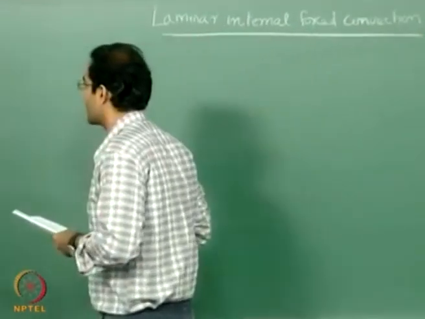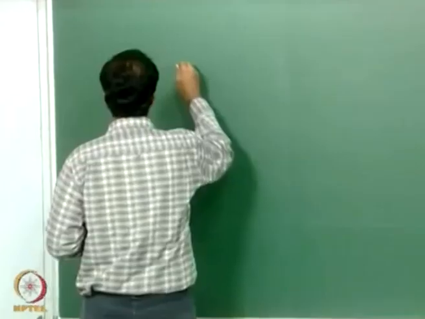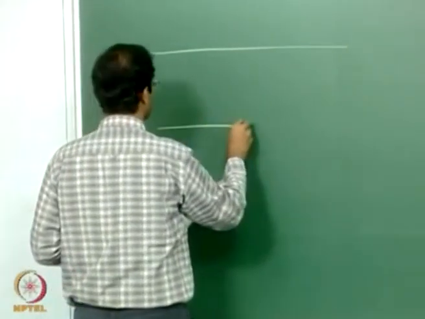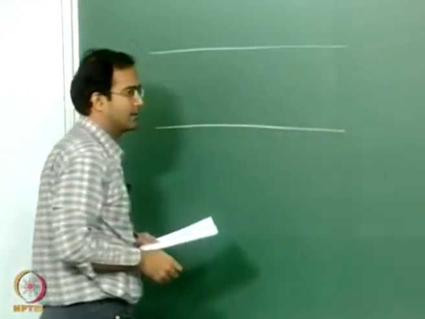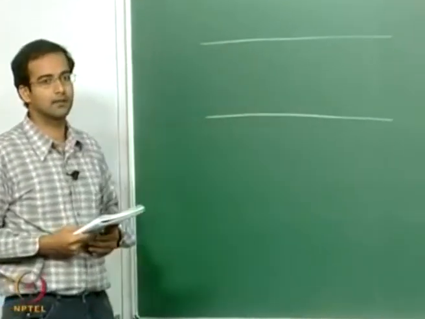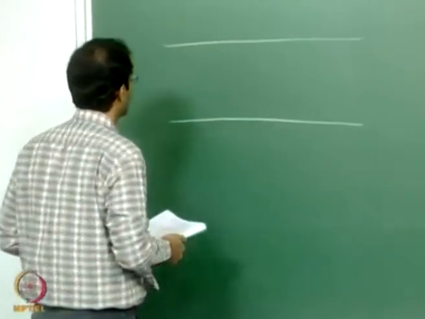Okay, so classically I would like to illustrate internal flow by means of flow between two parallel plates, or you can take a sectional view of a duct and then look at how the flow pattern is.